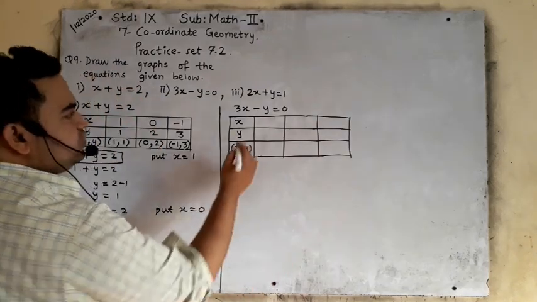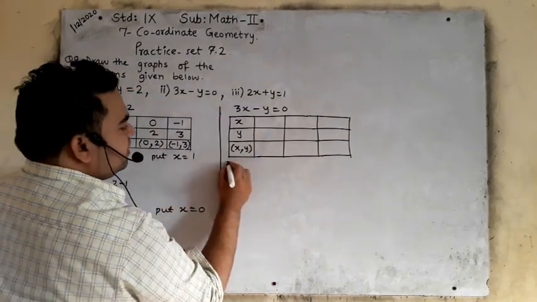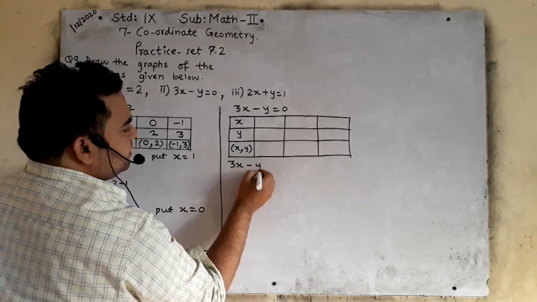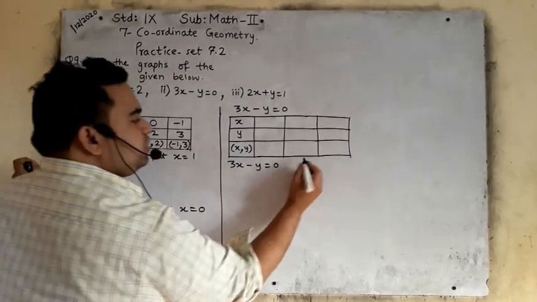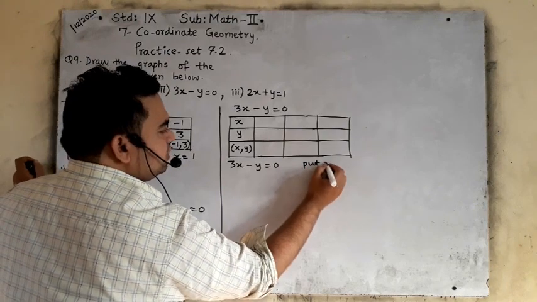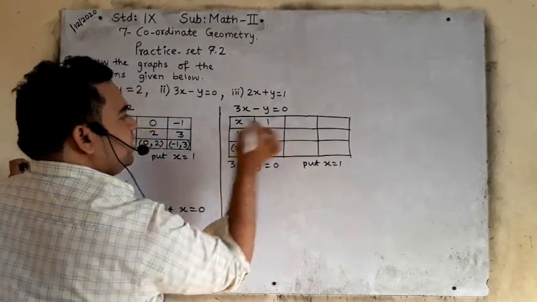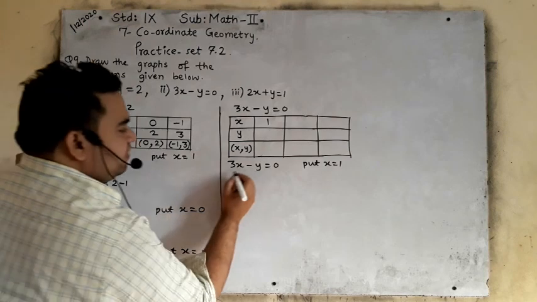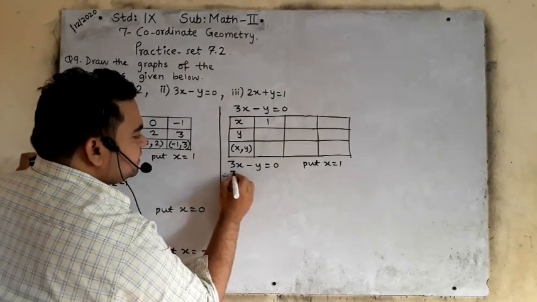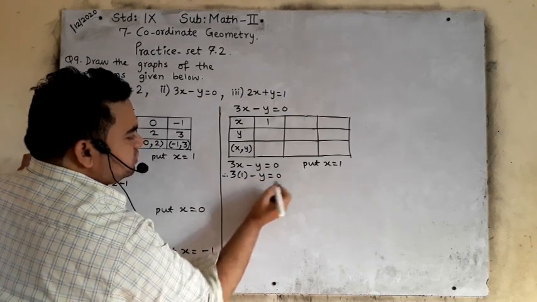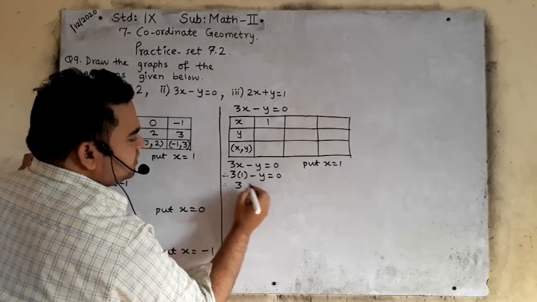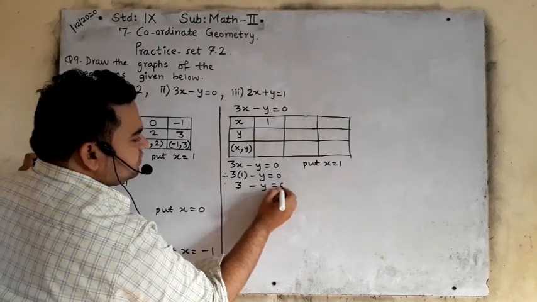Okay, so my dear students, here also you will write the equation again, that is 3x minus y is equals to 0. Now again what you will do, put x is equals to 1. Then wherever x is there you will write 1, that is 3 multiplied by 1 minus y is equals to 0. So 3 ones are 3, minus y is equals to 0.